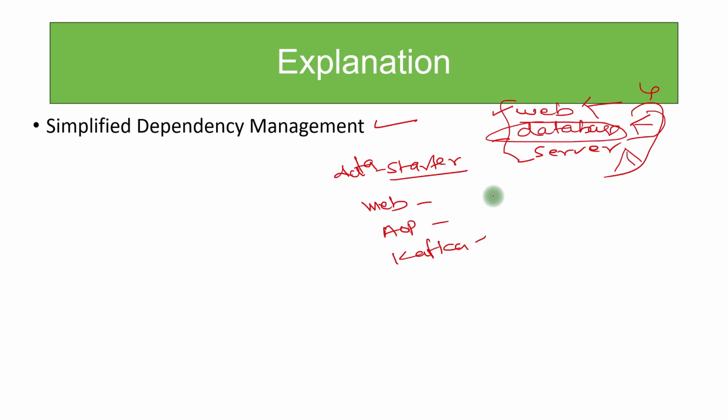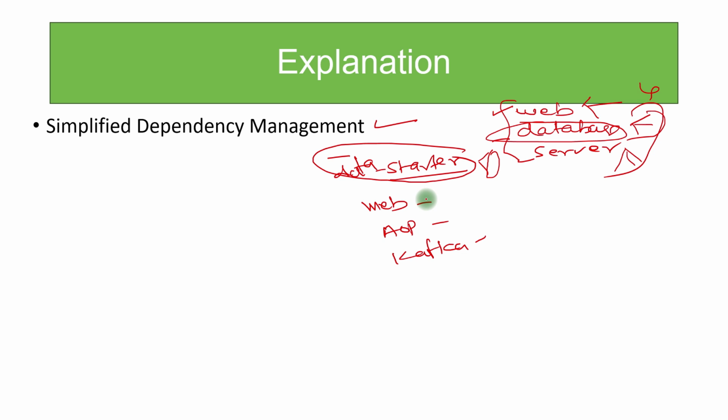Many more starters are there, and they wrap all the needed dependencies in the starter only. Let's say the data starter needs the Hibernate dependency and other dependencies to facilitate data access with the database. It combines all of that in a single dependency, and I just have to add this data starter in my configuration and it will download all that.